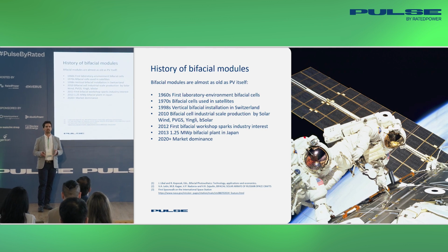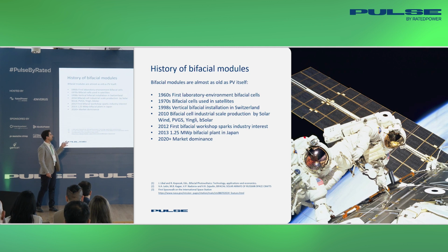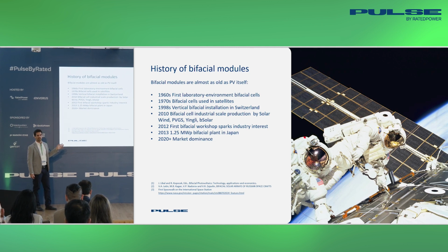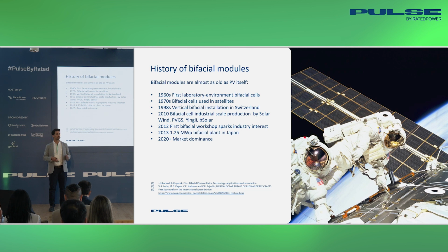So you want as much power as you can for every kilogram of payload you send up. So people realized that bifacial modules were better for space applications really quickly, and they used them very early. As you can see, we only got the first utility scale applications some 10 years ago, more or less. And I think that market dominance came after maybe 2020, perhaps a bit earlier, perhaps a bit later. It depends on the market, of course, but it's a relatively recent thing.